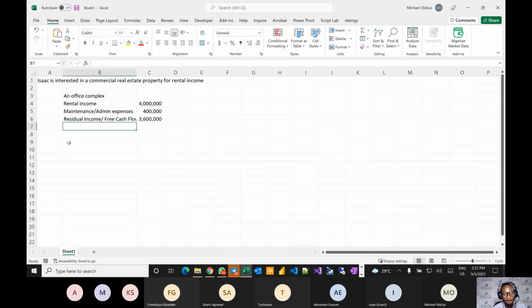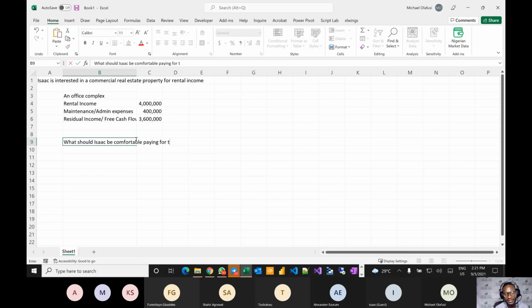Okay, so now the question is, what valuation should Isaac be comfortable paying for the property? So what should he value the property at? So that's the question valuation always tries to answer. What is the value of something?